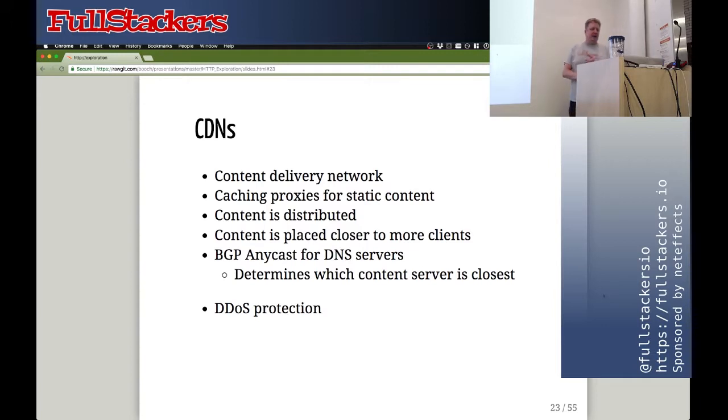A CDN, a content delivery network, is basically a reverse proxy run by a different company to cache static content. So if you go to google.com, the thing that you type in and ask for a response, like go look this up, that's not static content, that's dynamic content because you're getting different things back depending on what you type. But the front page, the graphics, the icons are static content.